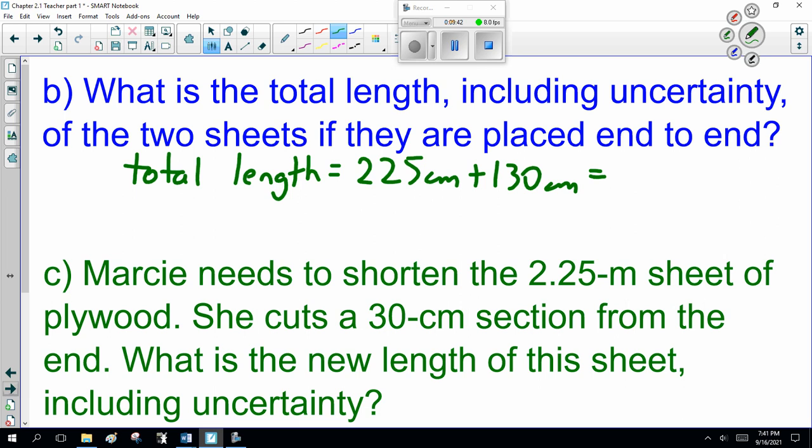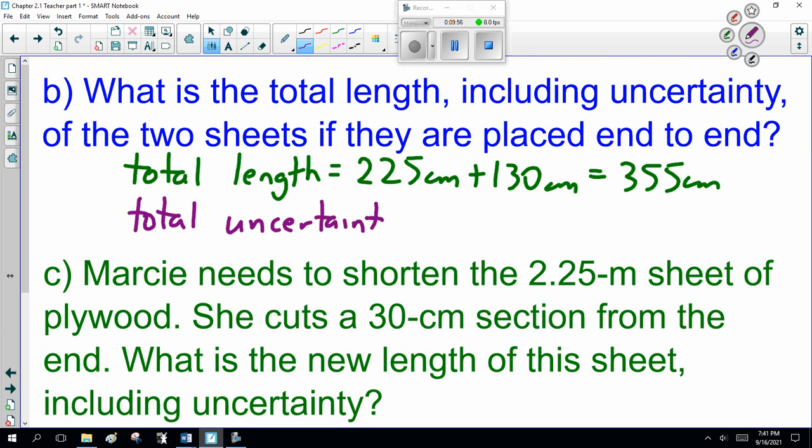So it's going to be 355. Now, the important thing here is the uncertainty. Total uncertainty is 0.5 centimeters from the first plus 0.5 from the second. So that's plus or minus 1 whole centimeter.